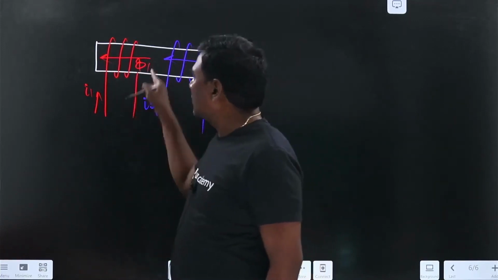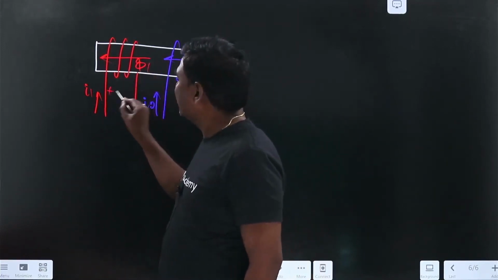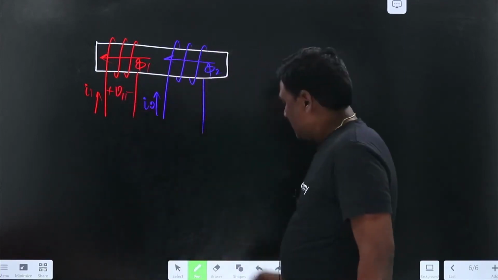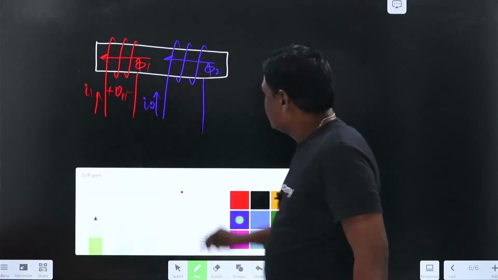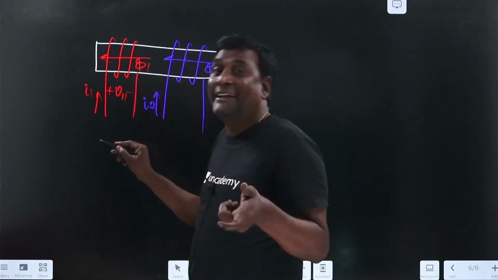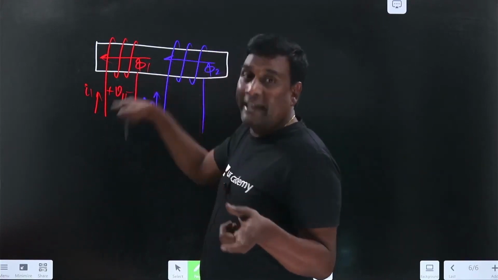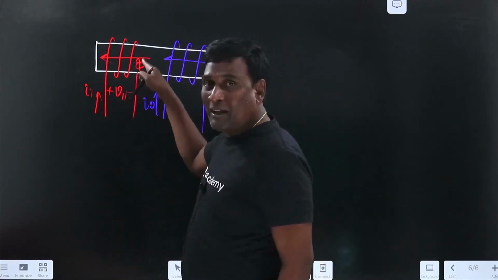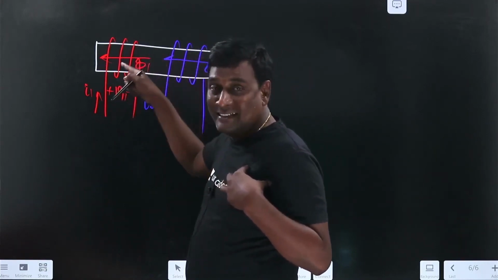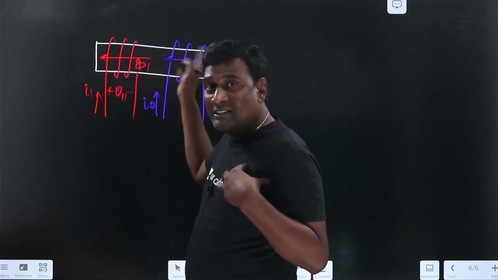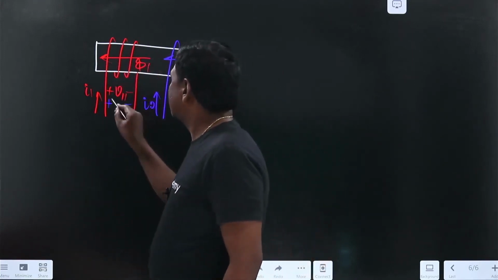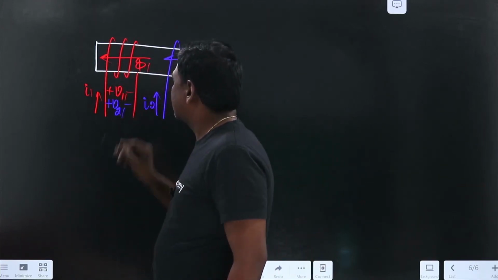Now, because of phi 1 the induced voltage here is V11, and because of phi 2 the net flux is going to be increased, so the mutually induced voltage should aid the self-induced voltage. Because of phi 1 the self-induced voltage is this, because of phi 2 the net flux is increased, so the net voltage should be increased, meaning this mutual induced voltage should aid the self-induced voltage. So plus here, minus here, V because of 2 in 1.